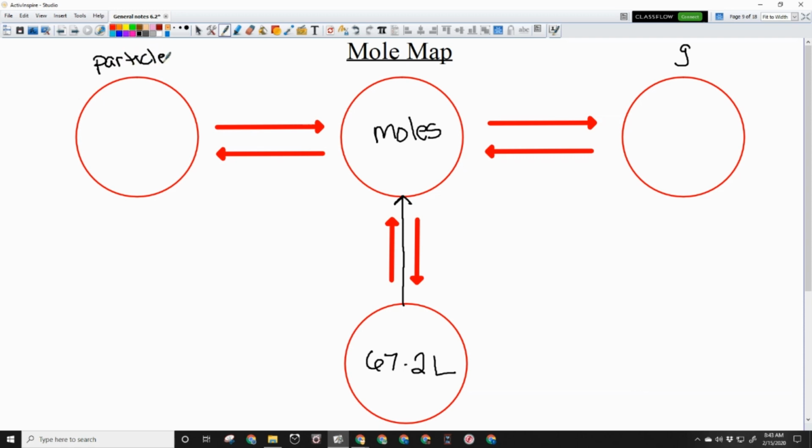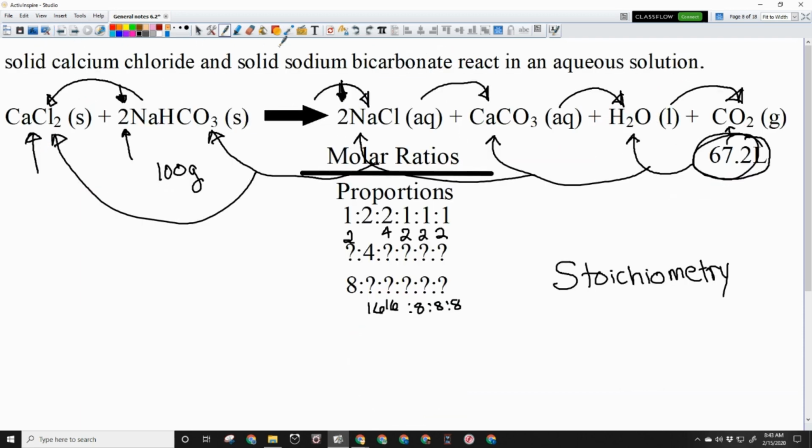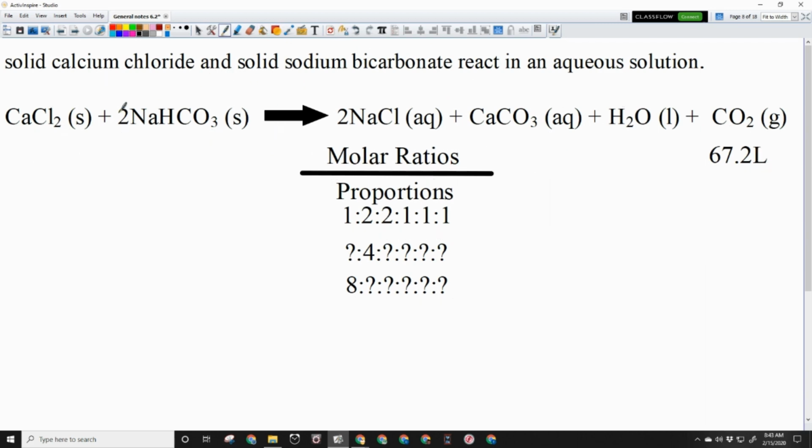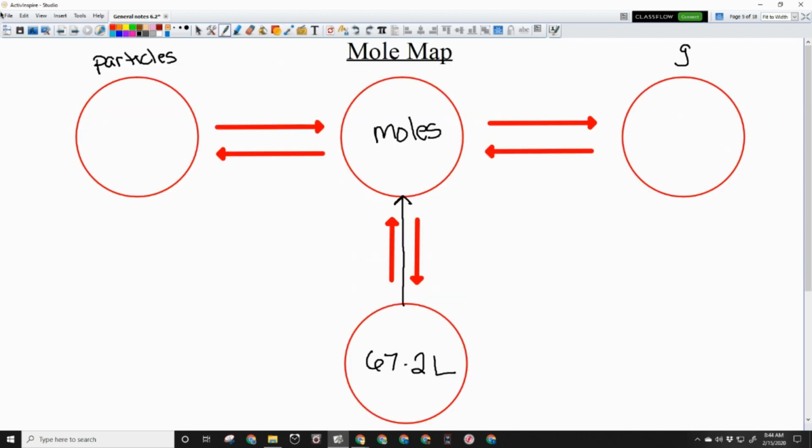Okay, so the key in chemistry is to convert everything to moles, because once it's in moles, we can convert it to anything else. So that's why in these chemical equations, it's important that you start off with a balanced equation, because once you start off with a balanced equation, you know how many moles it takes or it produces. Because once we're in moles, we can calculate particles, grams, or liters.